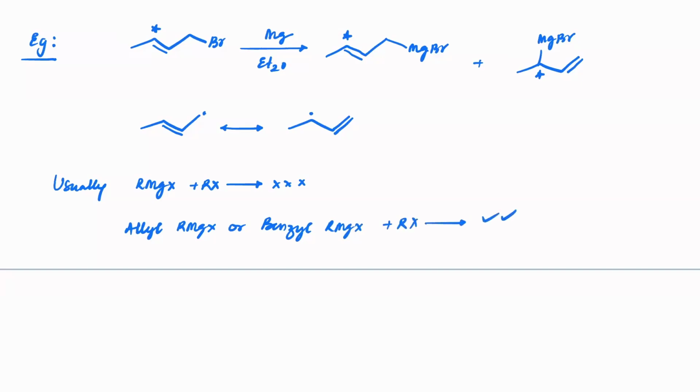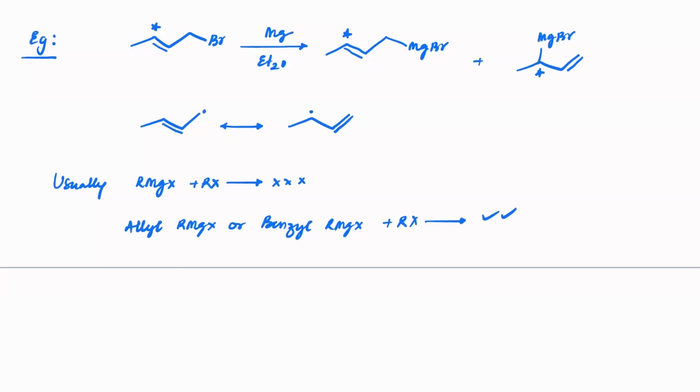Okay, in this case you will see the product formation. So in a simple RMgX you will hardly see any reaction happening, but with allyl and benzyl you will see the reaction happening with RX. Clear on that, everybody? So this is typically how the reactions will take place.